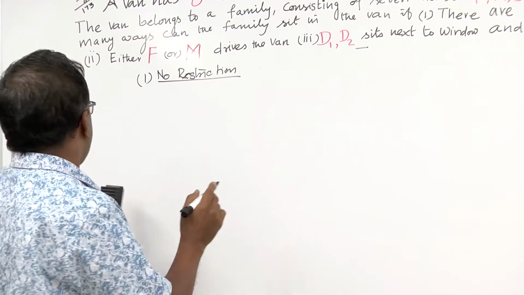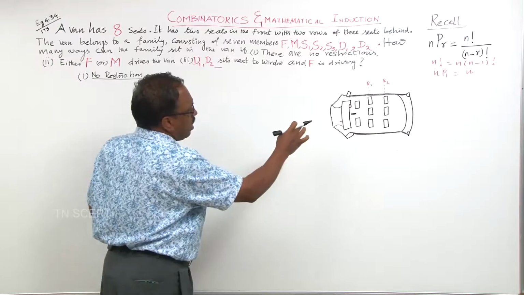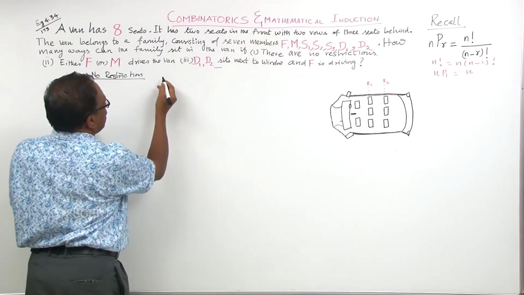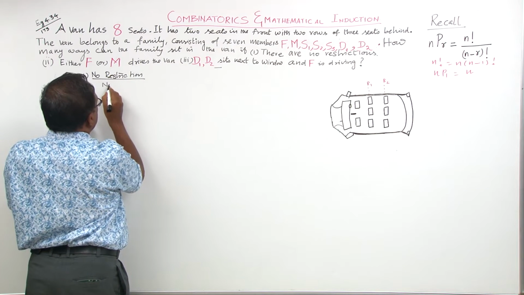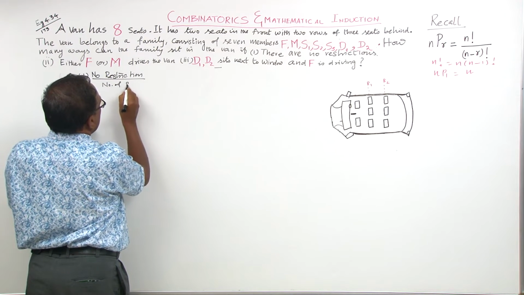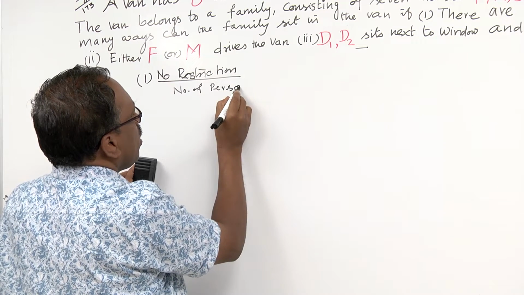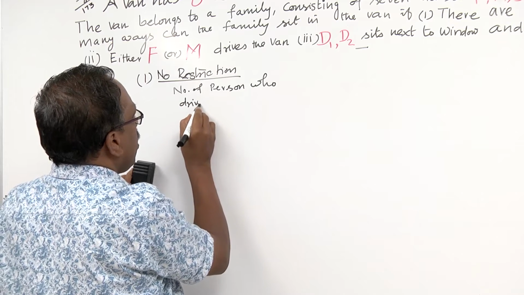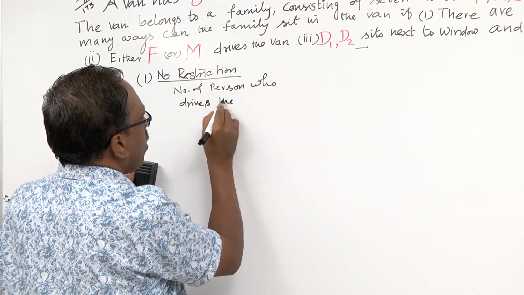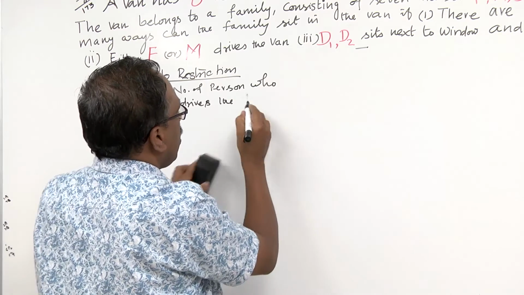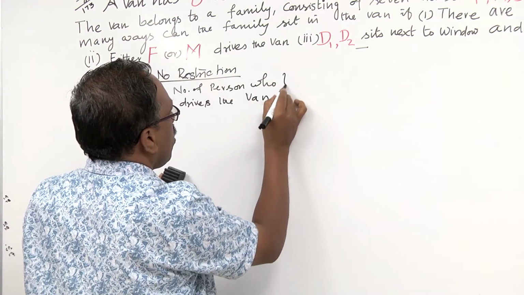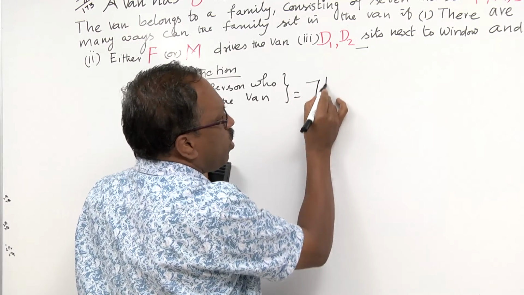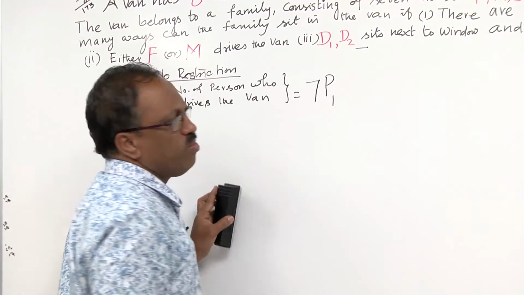See how many members there are: 7 members. The total number of persons is 7, out of which 1 can drive.